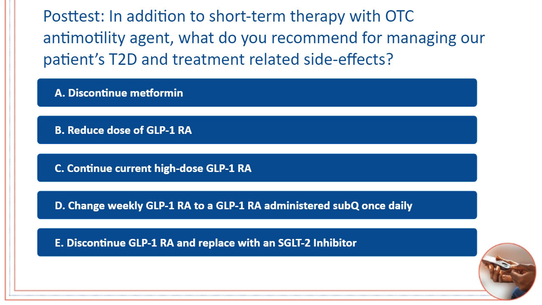So continuing the current high-dose GLP-1 receptor agonist is likely to be a good option, considering the diarrhea tends to last usually no longer than 4 weeks, and especially if this is not a serious problem, maybe once or twice a day. The 2 milligram dose is the optimal dose for maintenance and achievement of the goals.